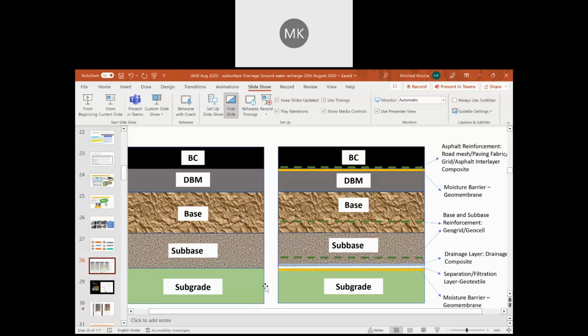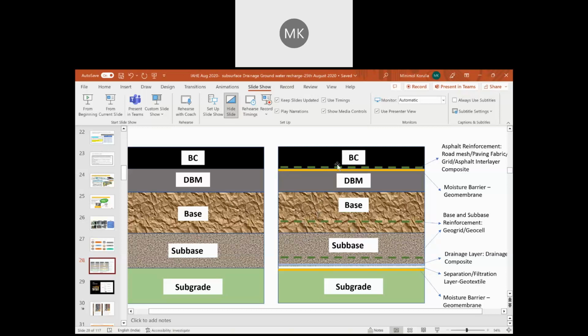Then we will see fin drains defined by IRC 34. Another topic is subsurface drain for intercepting seepage water in hilly terrain. When it comes to hill roads, drainage plays a very important role. Then capillary cutoff, aggregate drain.